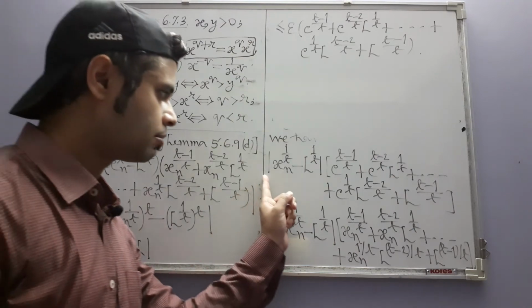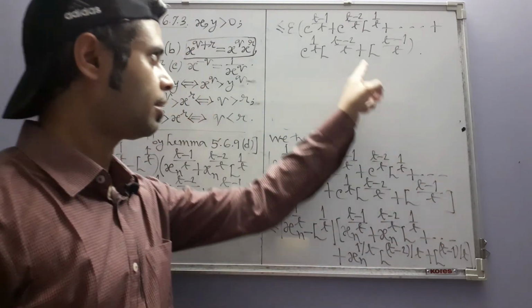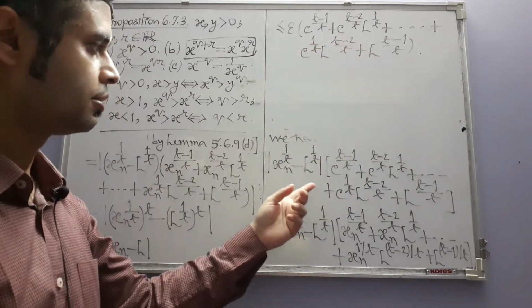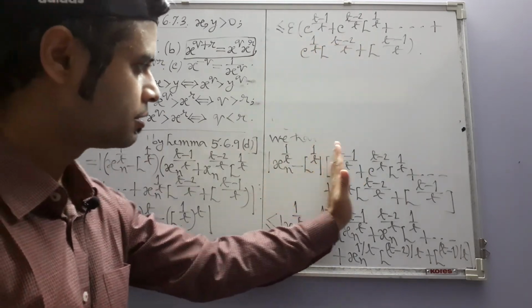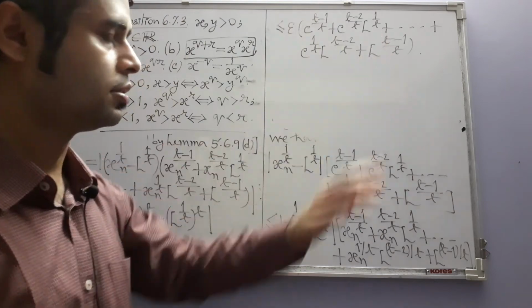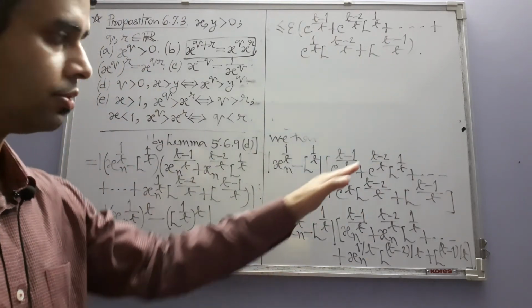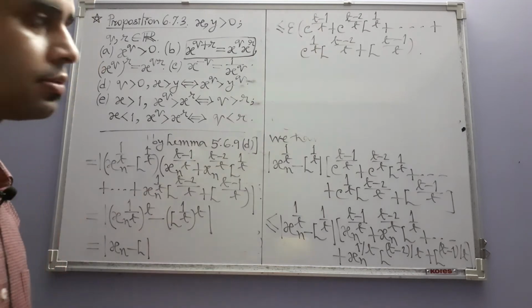Now look at the first term and this last term. This entire thing is less than or equal to this thing, where this factor is common, which is a positive real number. So you can cancel it from both sides.